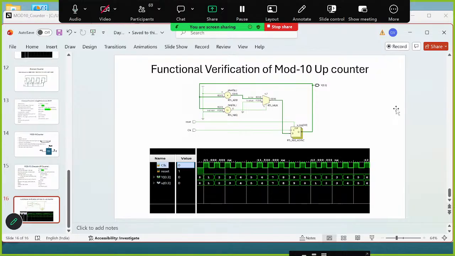In the next few lectures, we are going to discuss the following: we have designed flip-flops, registers, and counters. The next thing that is left is the designing of memories or register arrays. How can we design memory and register arrays?